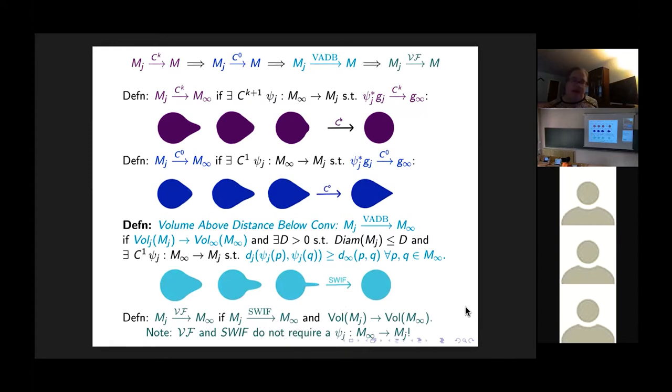And remember that volume preserving intrinsic flat and Swift convergence do not require that there's actually a diffeomorphism from M infinity to MJ. So it's much harder to set up what you know about the sequence without having such a phi j. However, there are theorems that we're going to learn in the third lecture, which do allow you to show volume preserving intrinsic flat and Swift convergence without too much expertise.